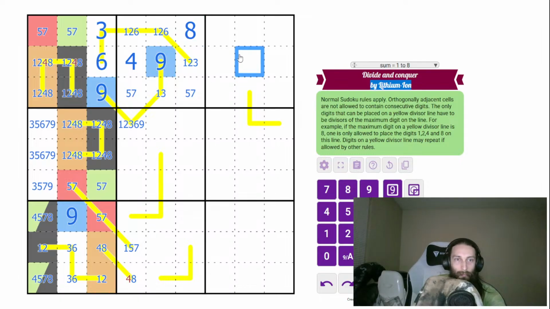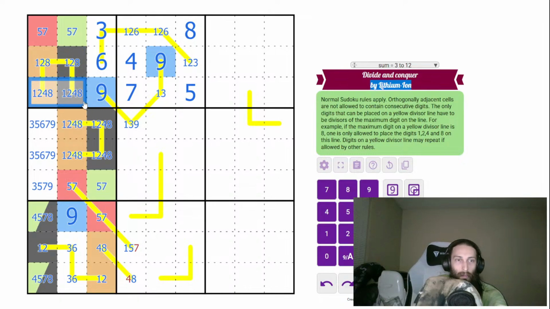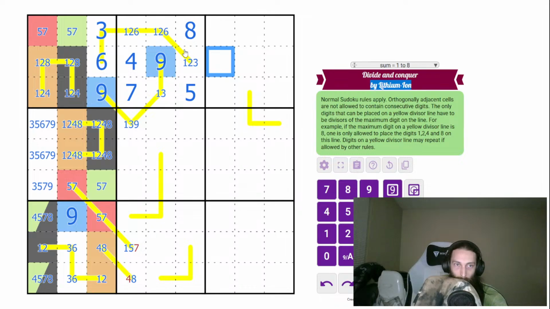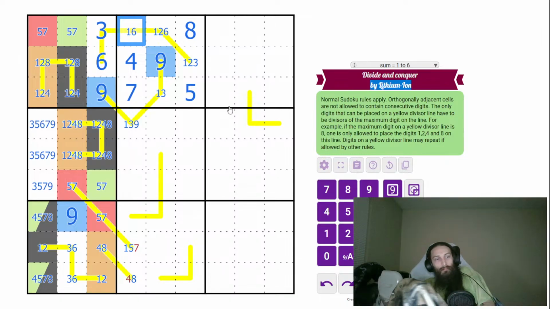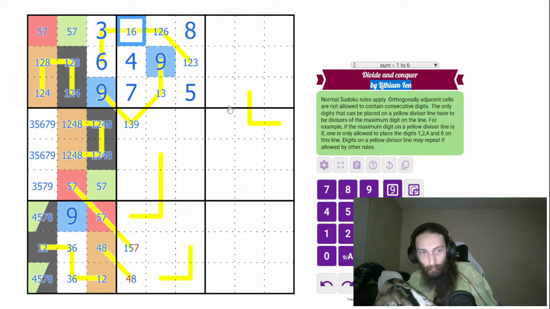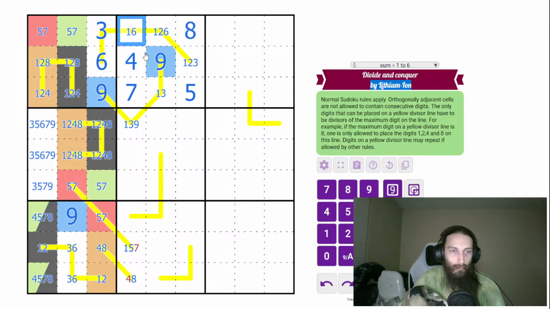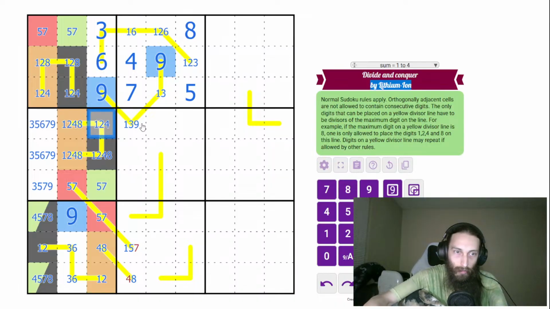4 and 8. 4 can't be next to 5. 7 and 5. 4 and 8. 2 can't be next to 3. Row 1. Column 3, 8 can't be next to 9. Right. 8.